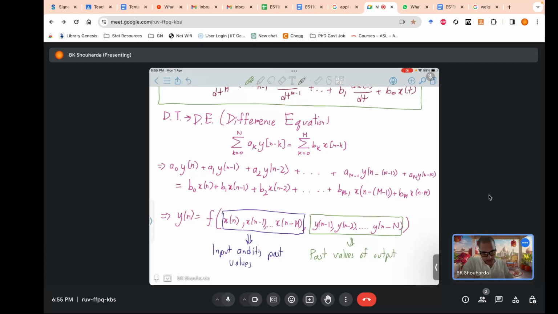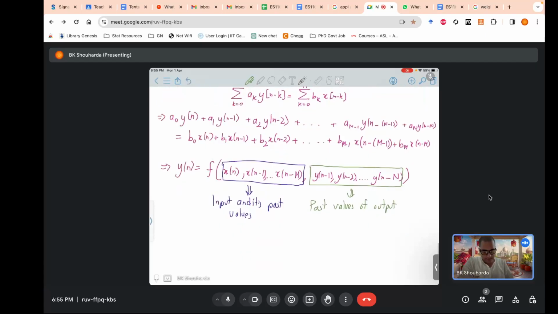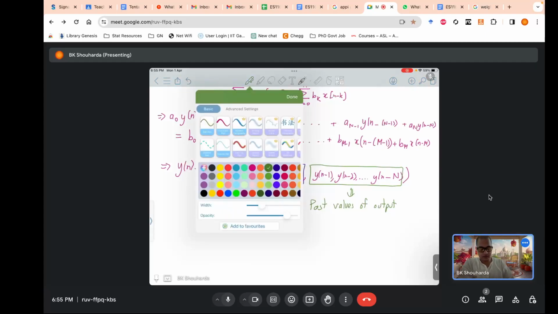All right, so now you can see that there are two contributions to y[n]: the input and its past values, and the output and its past values. So there are two kinds of systems.